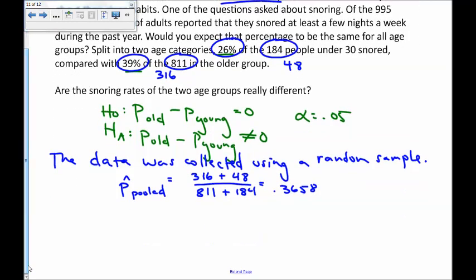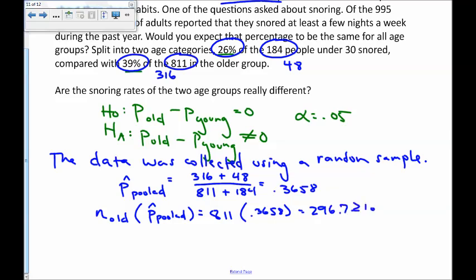Let's go down here and look at n old times p hat pooled. There were 811 people over the age of 30, times the pooled value 0.3658, which is about 296.7, which is bigger than 10.